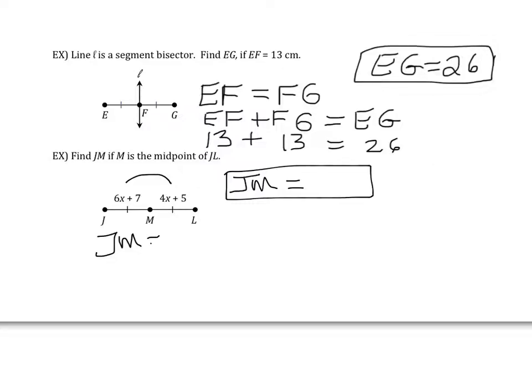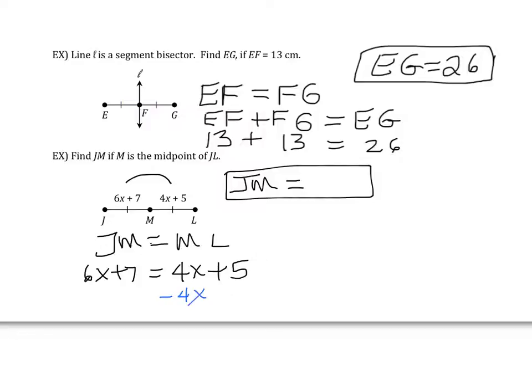We know by the segment addition postulate that JM equals ML. JM is represented with 6x plus 7, and ML is represented with 4x plus 5.